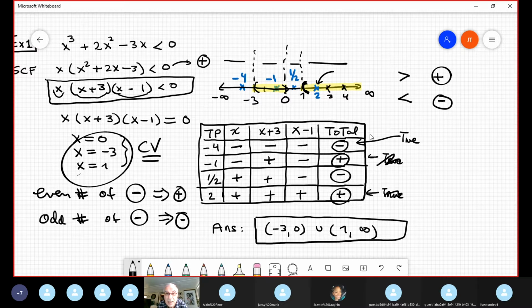You pick a totally arbitrary testing point inside each one and test it using the table. In the total column, you see if it's positive, it's true, because our original problem was greater than. Some testing points pass the test, and others fail. You take the testing points that pass the test. Now is it clear?